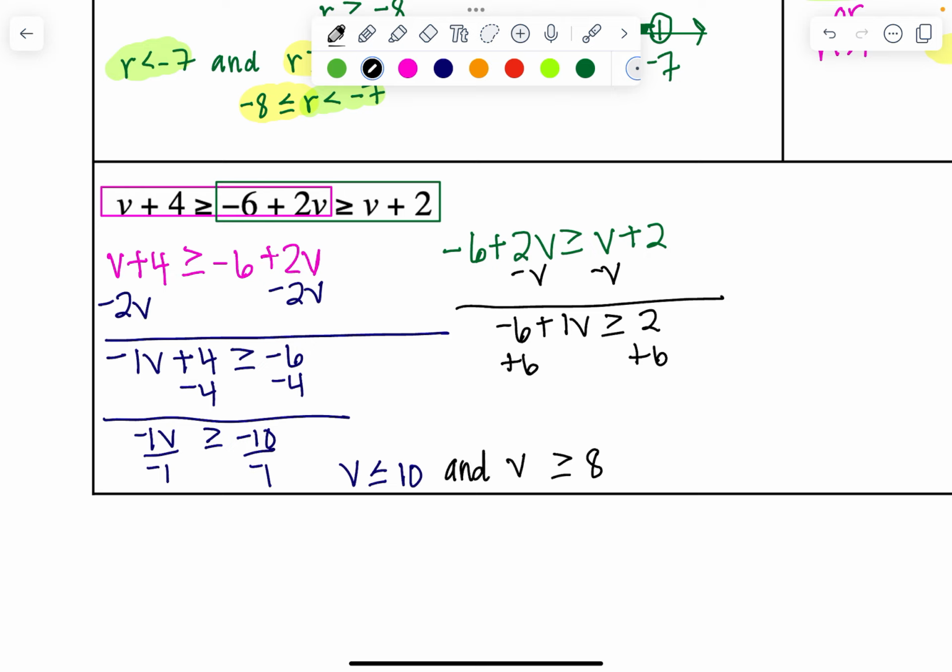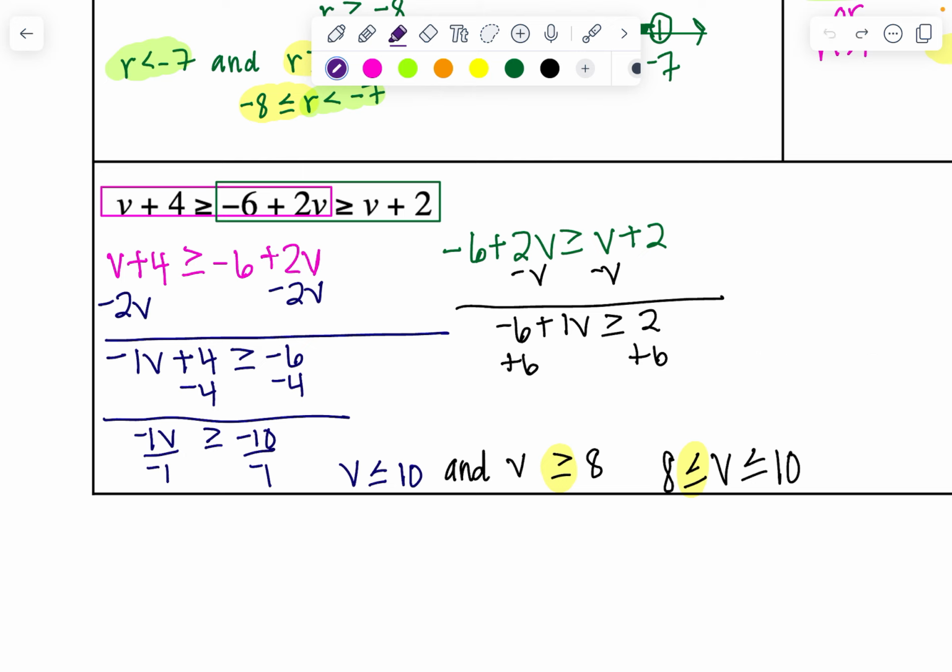So again, you can either write it with an and, or you could write it as one big inequality. The 8 should come first, less than or equal to v, less than or equal to 10. Again, notice that the bigger part is pointing toward the v there, and the bigger part is pointing toward the v when I rewrote it.